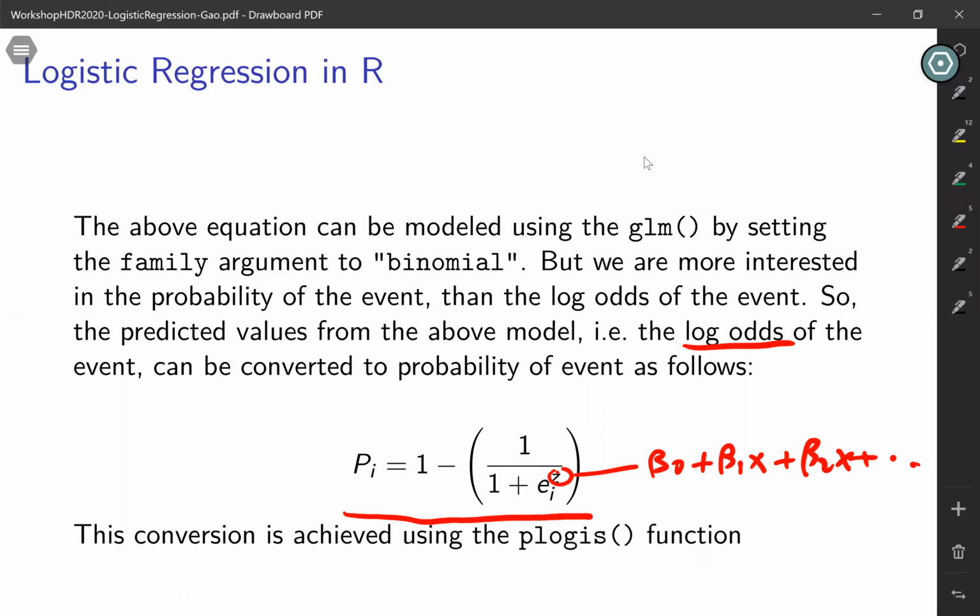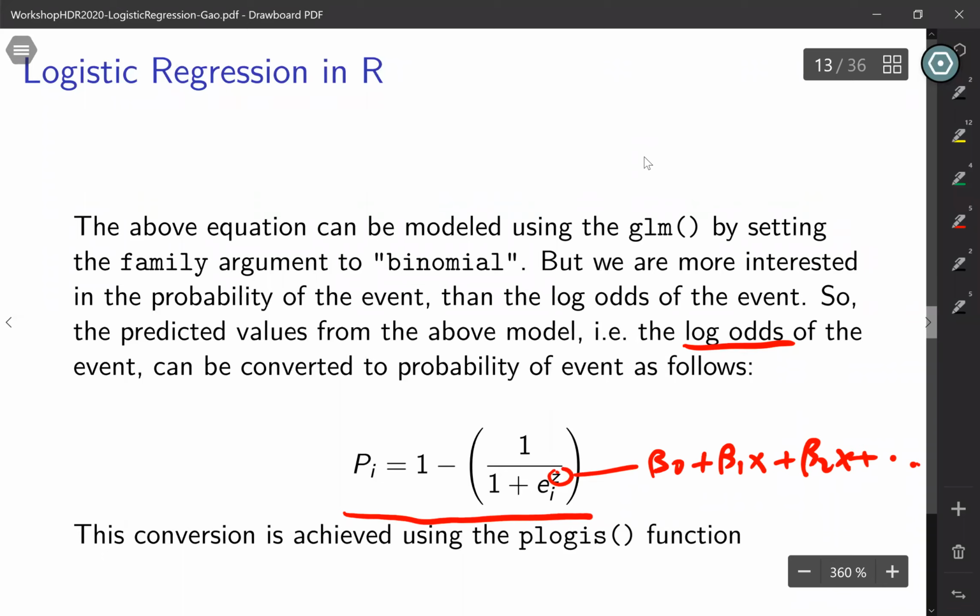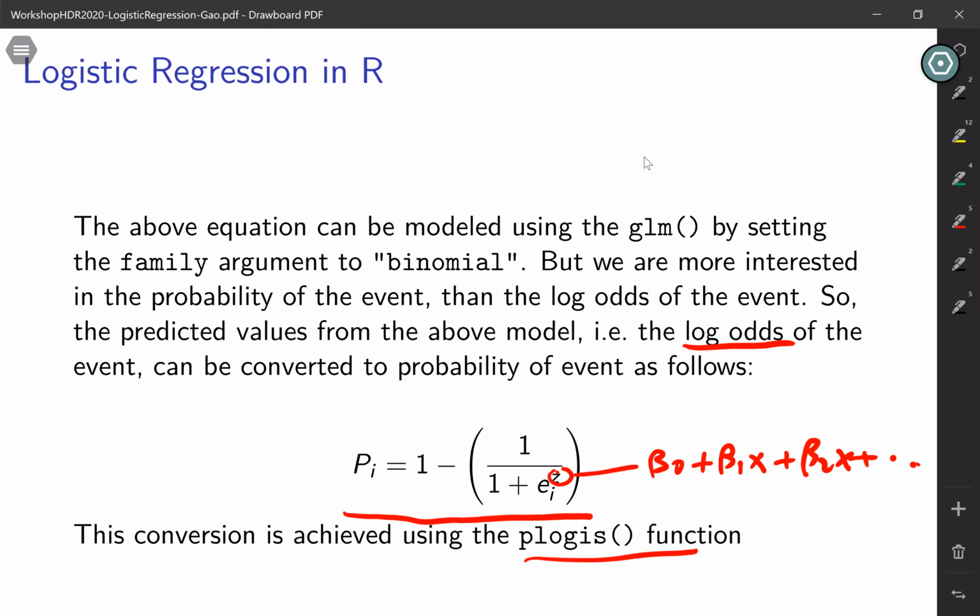Also, you can use the R function plogis to find the probability. But usually, if you read the literature, people would like to use log odds, or odds ratio or confidence interval to interpret the result. So it's not necessary to get the probability all the time. Sometimes when you write an article, you can just get the log odds and then convert to odds ratio.